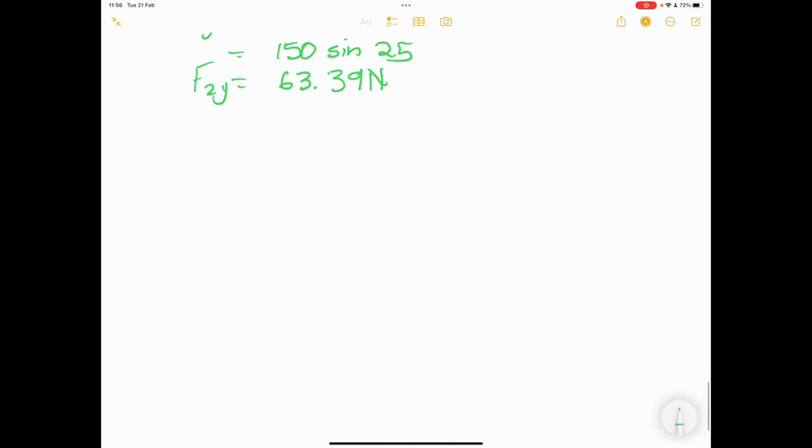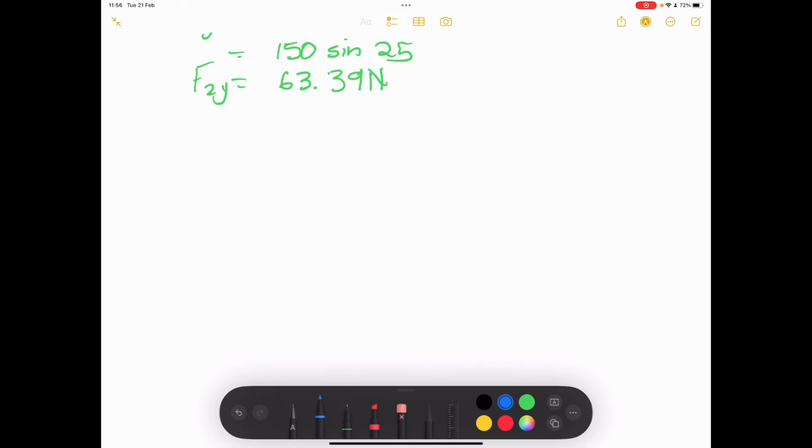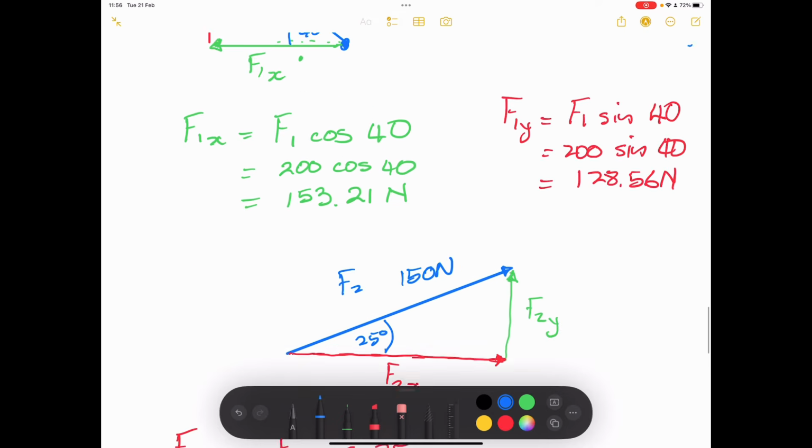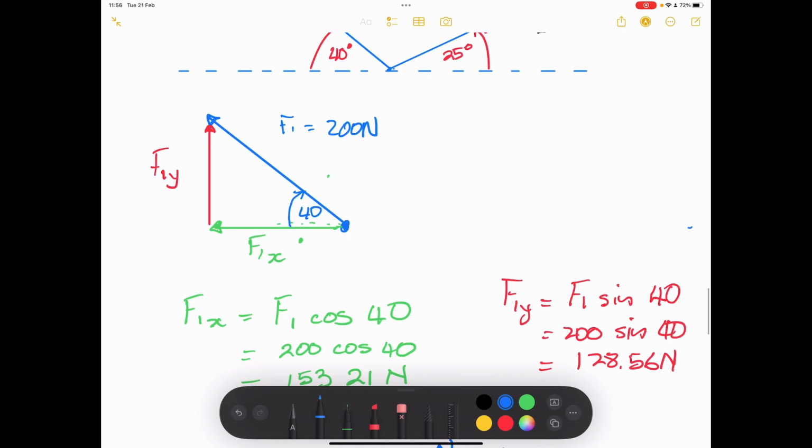Now, let me just draw a diagram, showing you what this actually looks like. So I have replaced both forces. Now let's go back to F1. I have replaced both forces with both the red and the green.